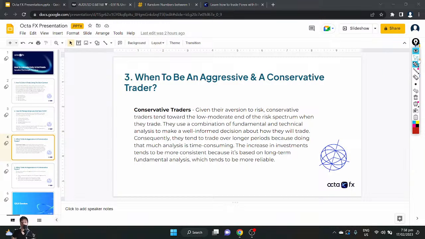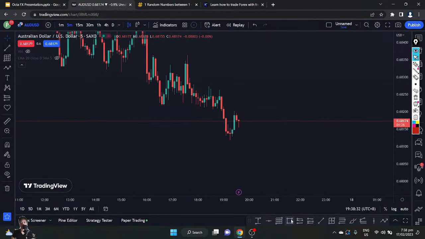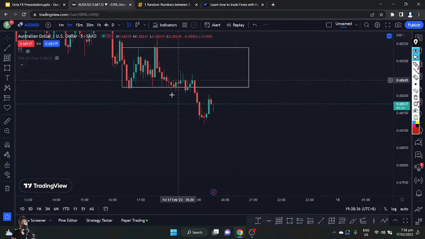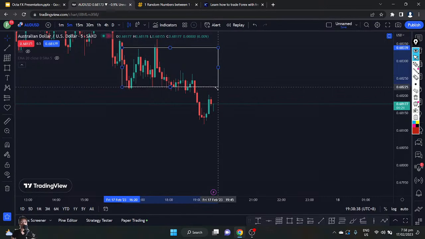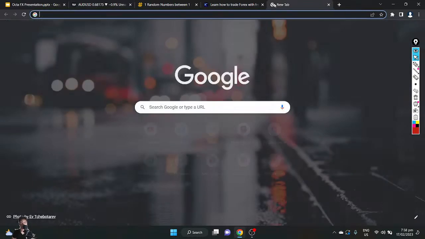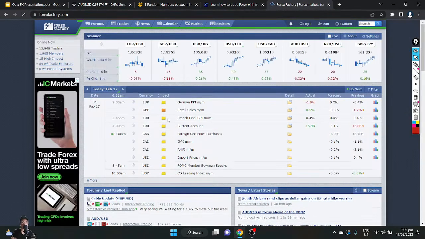So, for example, you are a conservative trader. Instead of just looking at the price action, and instead of just trading once the price breaks this Darvas box pattern, most of the time conservative traders will look for the news. As we can see here, we have some important news right here.